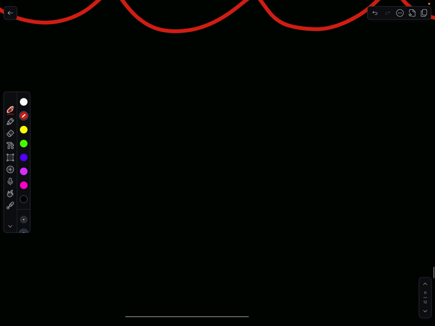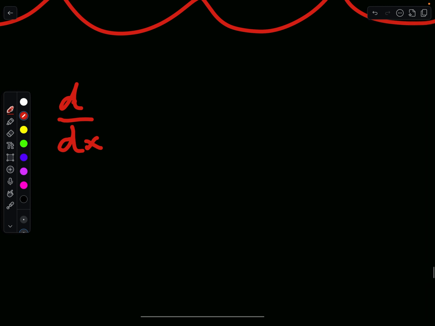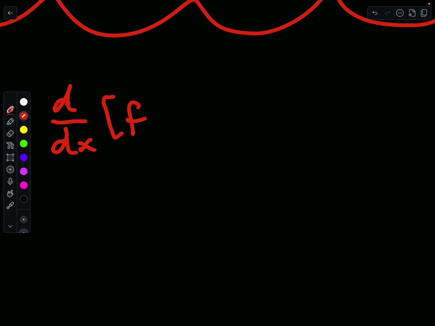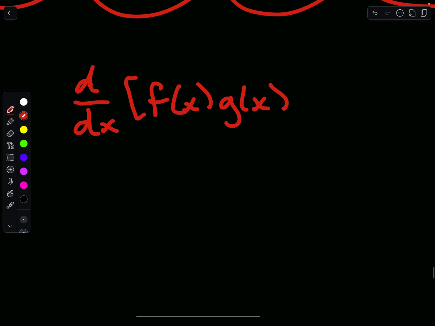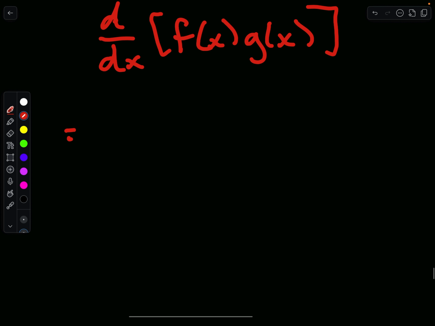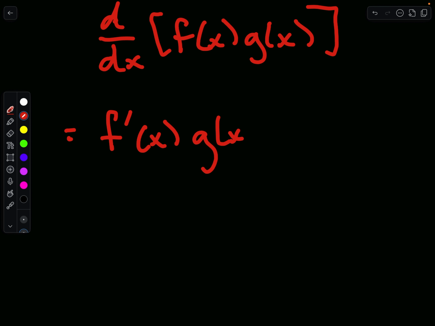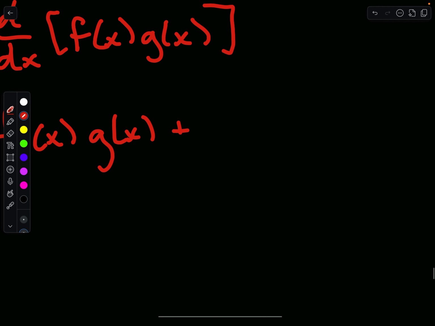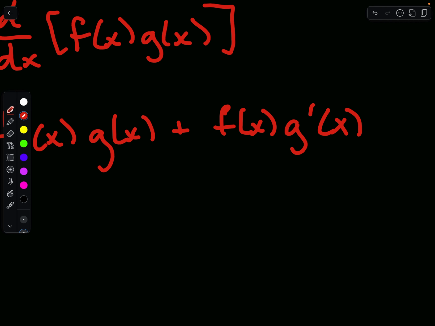Let's introduce the product rule. Let's say we have d dx of f of x times g of x. This is equal to f prime of x times g of x plus f of x times g prime of x.